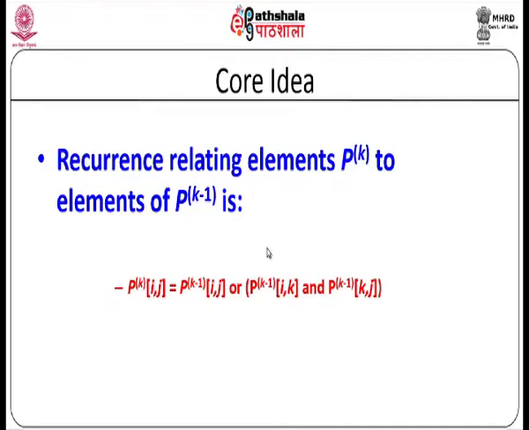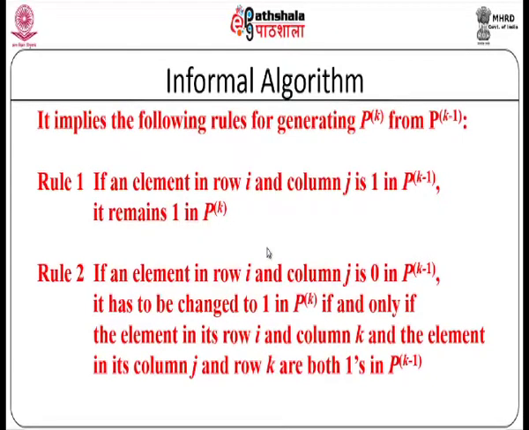When all the nodes are made active nodes, the algorithm comes to an end. The matrix that we have obtained at that time is going to be the path or connectivity matrix. So, this is the informal algorithm.